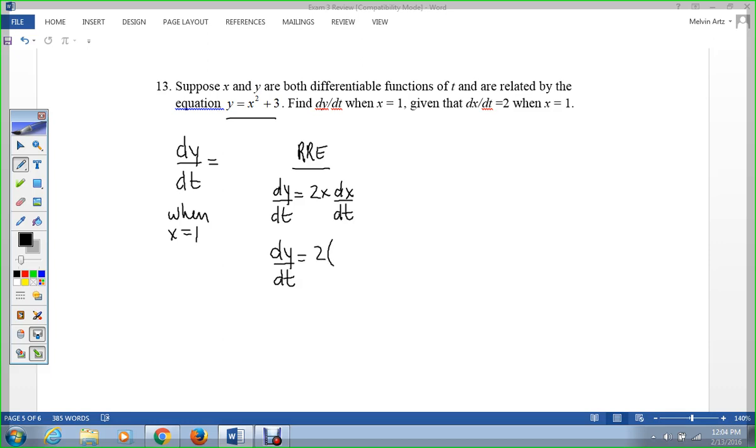It says find dy dt when x equals 1, so we'll just plug 1 in. And it told us that dx dt equals 2 when x equals 1. So we can plug in 2 here, and we have our dy dt equals 4.